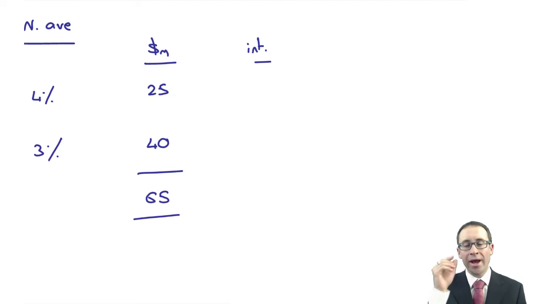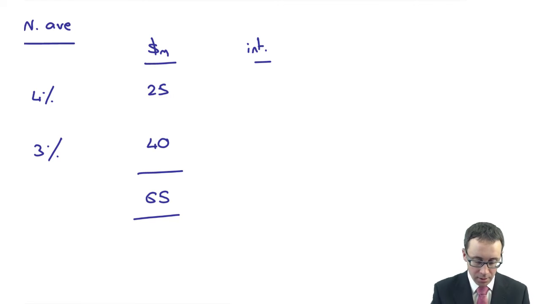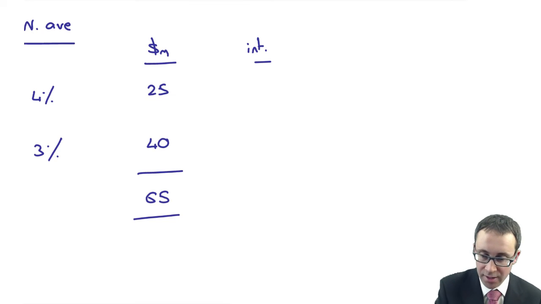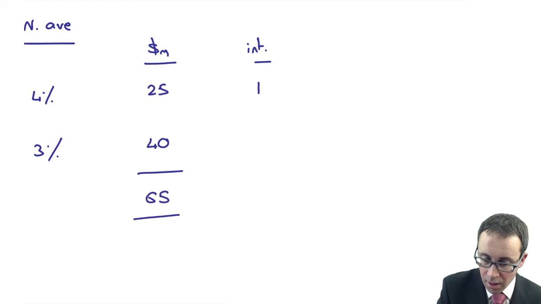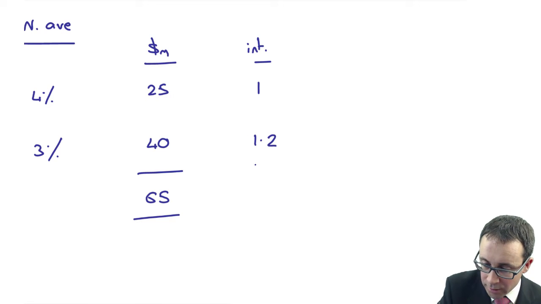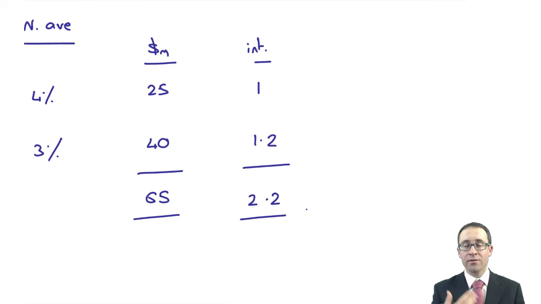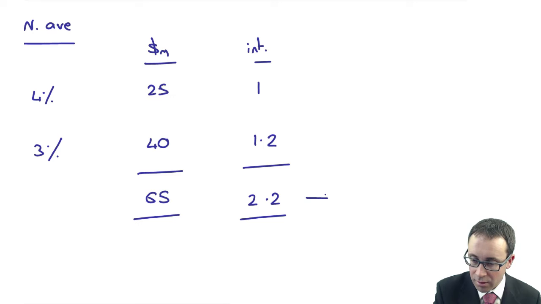Now, I would expect our weighted average to be closer to 3 because we have more borrowings on the 3% loan. So 4% of 25 is 1, and 3% of 40 is 1.2. So we have 2.2 million of interest on borrowings of 65.